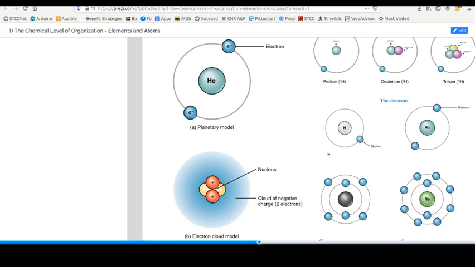But for the sake of what we're talking about today, understanding how atoms and elements and molecules are important for anatomy and physiology, these will suffice. And really the planetary model, which is maybe a simpler and older version of the model of an atom, is the one that we're going to stick with for the most part. And it'll suit our purposes. It does not suit a chemist's purpose by any stretch of the imagination, but it does address what we need to understand.